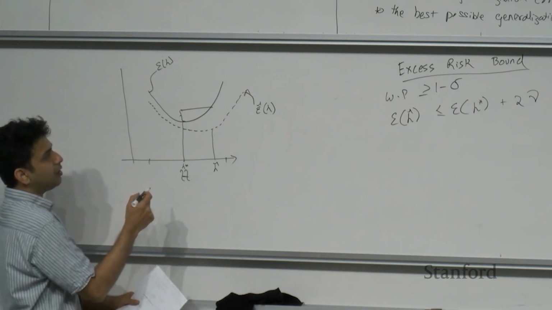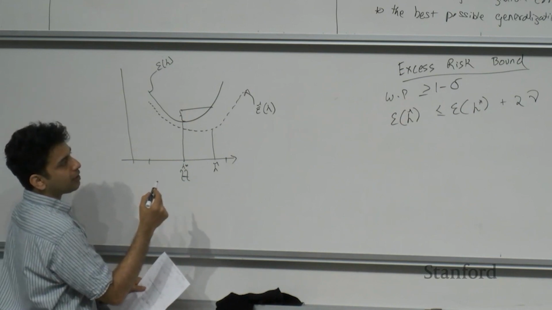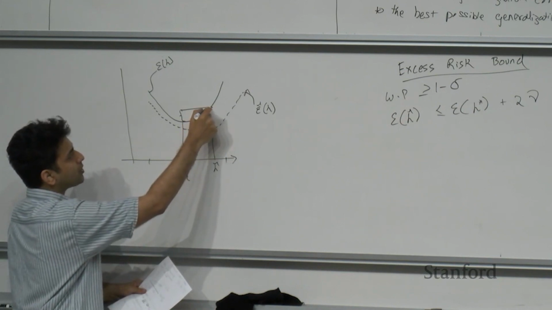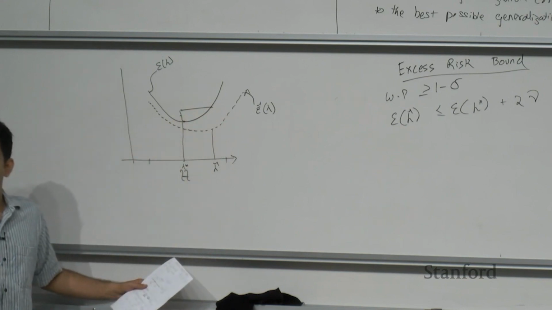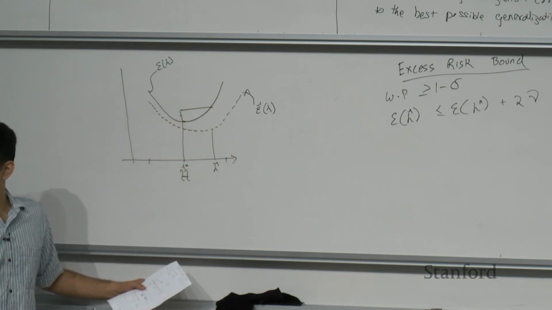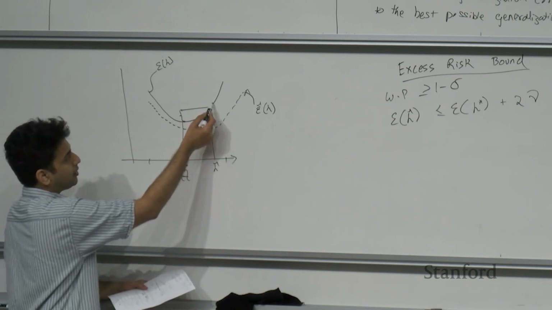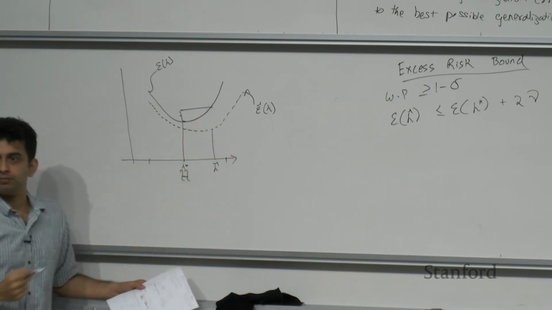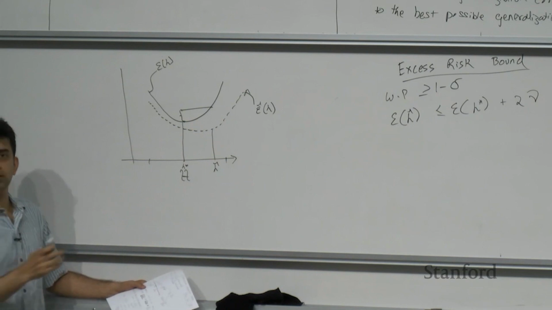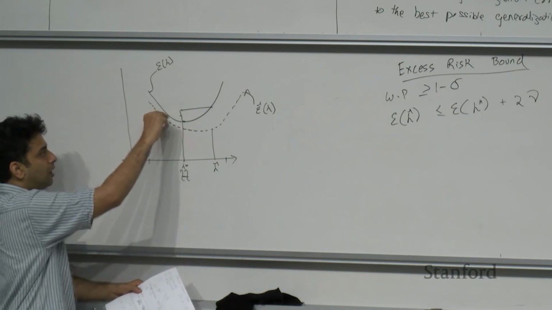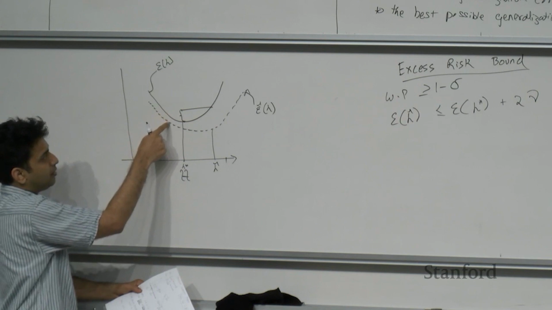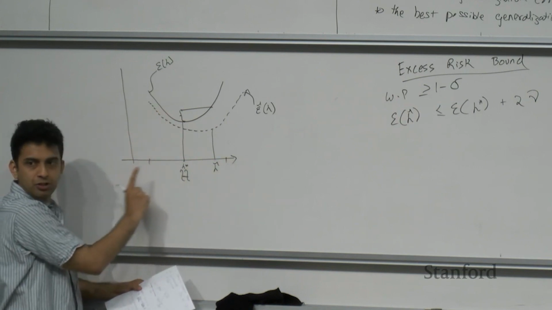For the excess risk, we want to get a bound between two points on the thick line. Whereas what uniform convergence gives us is a bound between the dotted line and the thick line for any given value of h. It gave us a bound on the margin between the thick line and the dotted line for any given value of h.